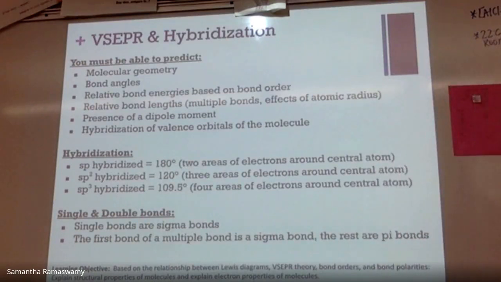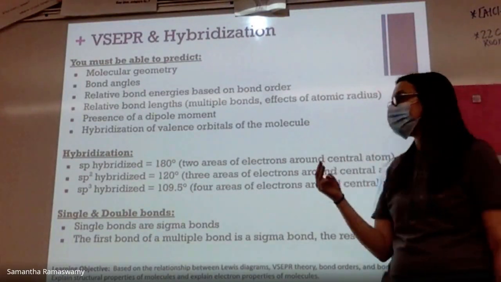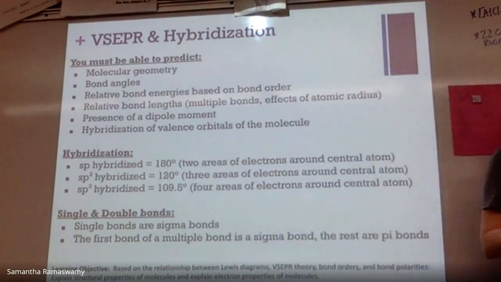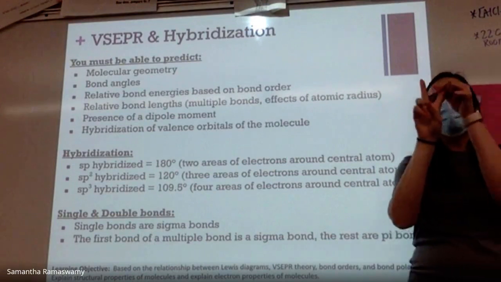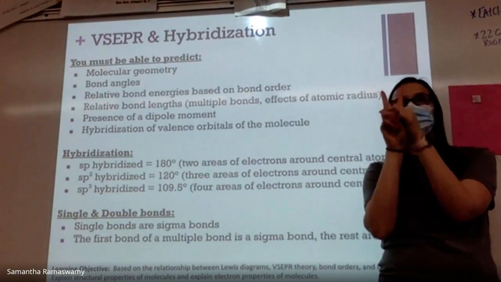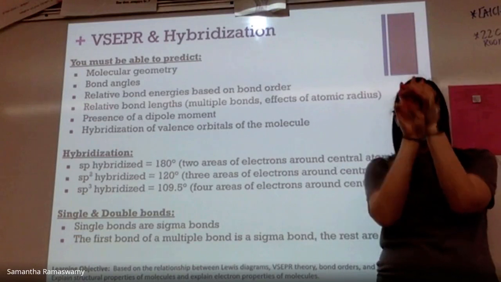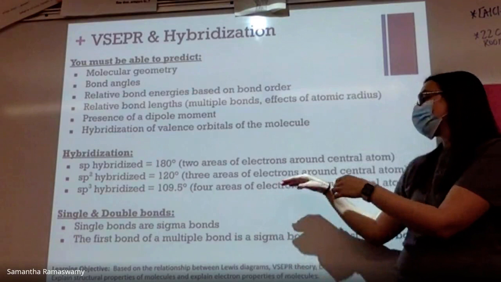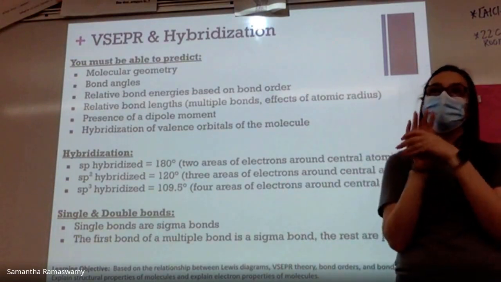You need to know 3 hybridizations. I taught you more than 3. We actually went into the d orbital, or into the d sublevel. You guys just need to know if there are 2 areas of electrons around the central atom, it's sp hybridized, right? 1s, 1p, 2 areas of electrons. 3 areas of electrons, 1s, 2p, so sp2. 4 areas of electrons around is sp3 hybridized.